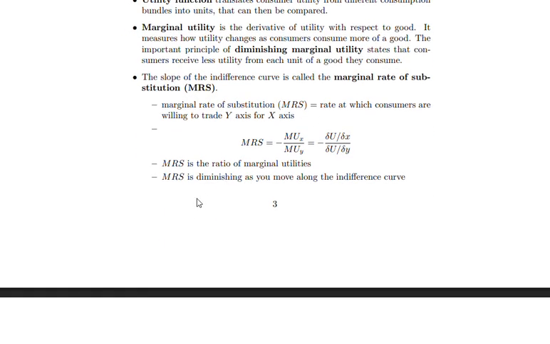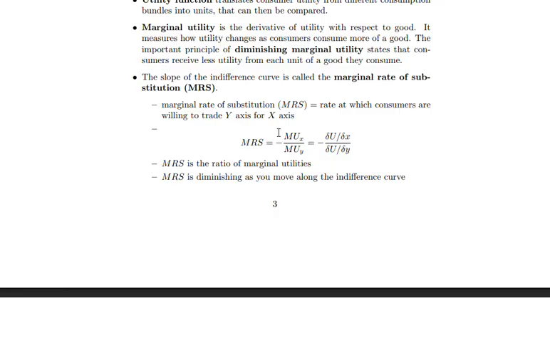And the slope of the indifference curve is called the marginal rate of substitution, MRS. Basically, it is the rate at which consumers are willing to trade y-axis goods for x-axis goods. MRS is the ratio of marginal utilities.